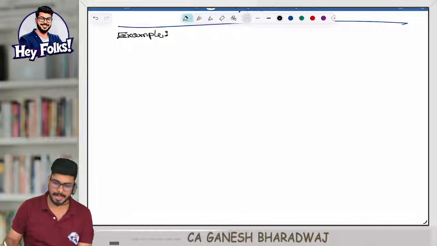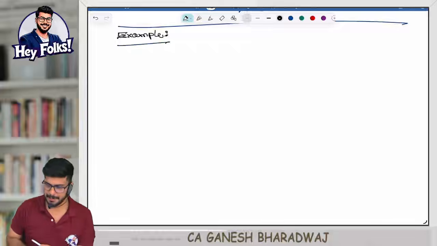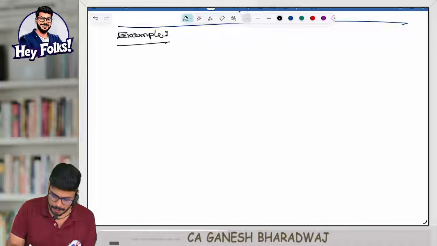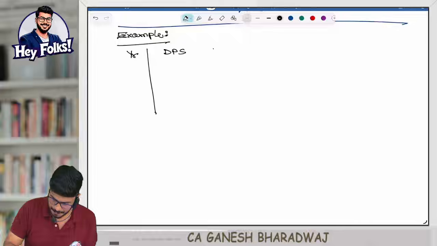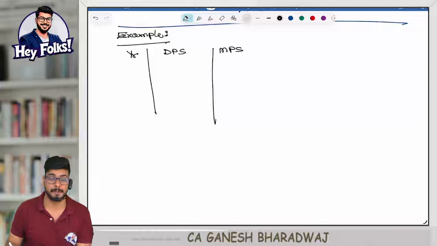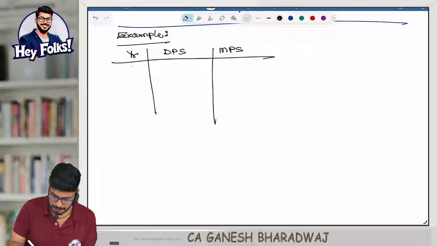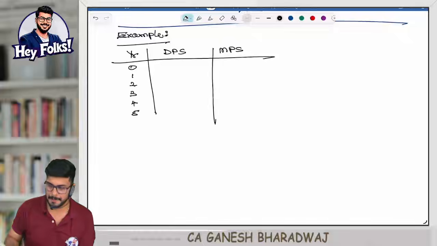I'll give you a data set. Here, dividend per share, DPS, and market price per share, MPS, for years 0, 1, 2, 3, 4, and 5.